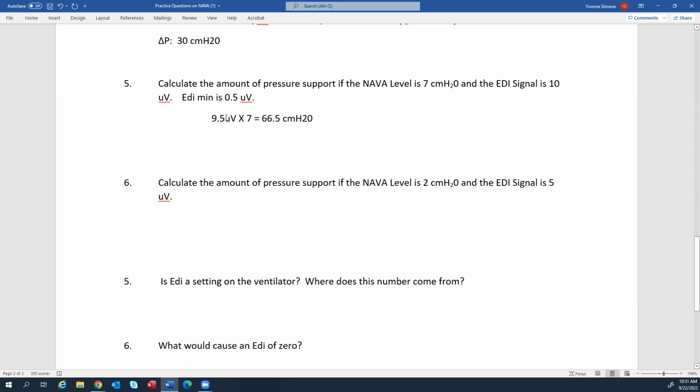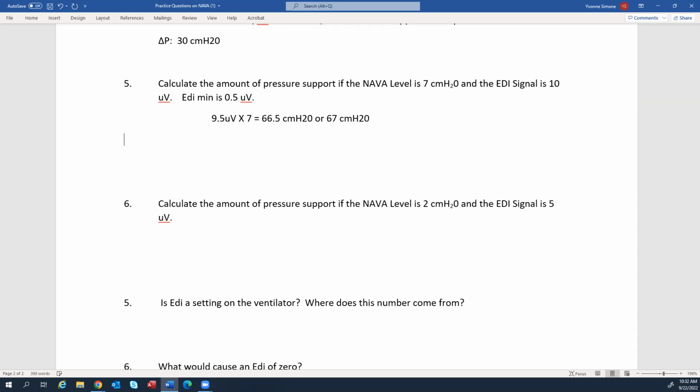So I took the EDI peak minus EDI minimum, and I got 9.5 microvolts. Then I multiplied by the NAVA level, and I come up with a pressure support of 66.5 centimeters of water. I guess that needs to be rounded off, doesn't it? So pressure support of 67 centimeters of water.